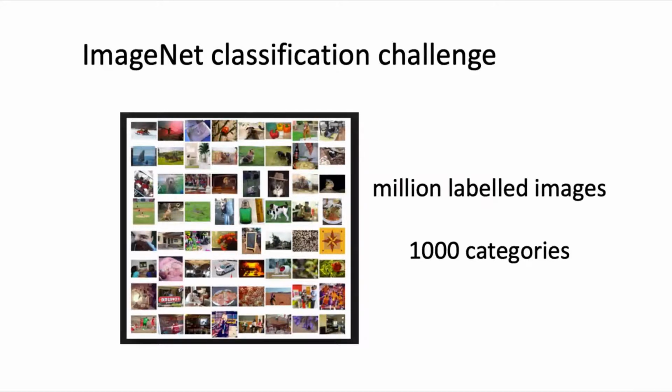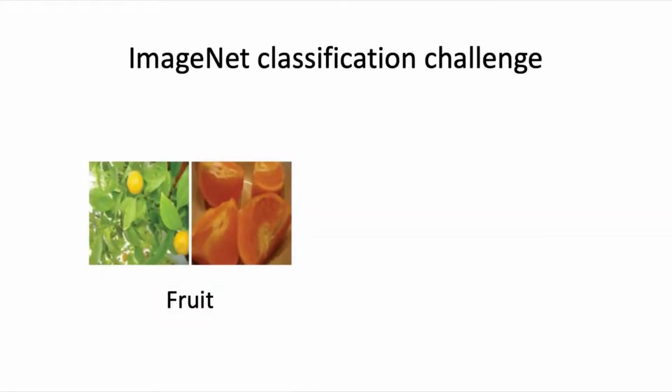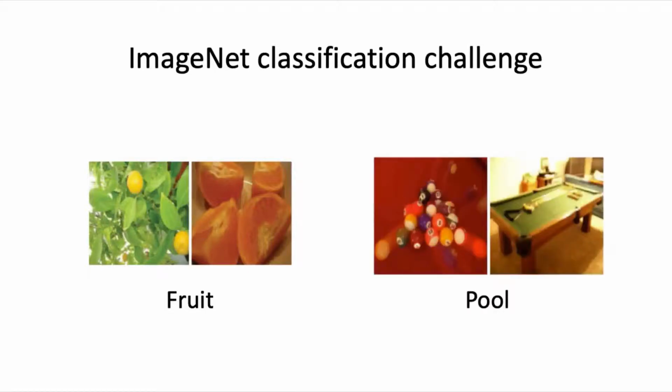One difficulty in image classification is that images from the same category can look very different. For example, take these images of fruit. It wouldn't be easy to describe what visual features made both of these images images of fruit. Also see how different these two images that are classified in the category pool look.